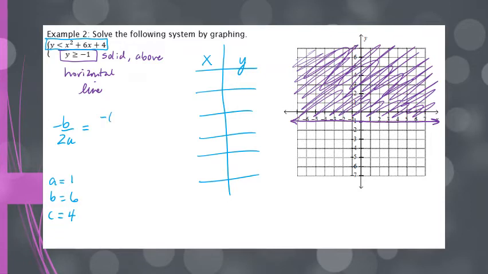So this would be -6/(2 times 1), which is -6/2 or -3. So that's what goes in the middle of our table. At this point, I would use your graphing calculator, and I would put that information into y equals, and then look for the vertex in your table.